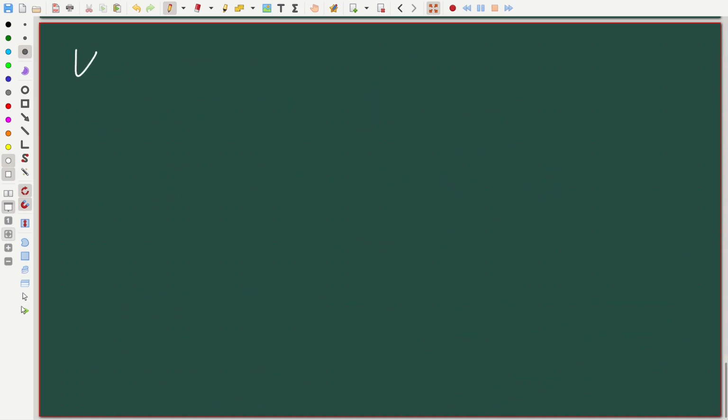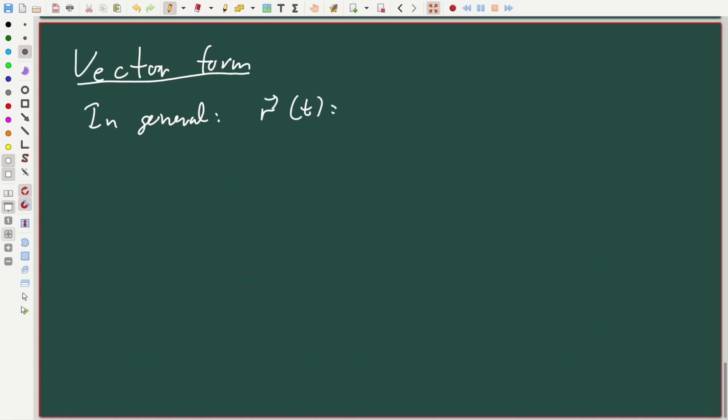And of course, until now we only took a look at the one-dimensional case. So in general, we have of course vector form. We replace s with the vector r, and then we can simply write 1/2 vector a t square plus v0 vector times t plus, and then not the initial position, but the initial vector for the position in three dimensions. So this would be our r0.